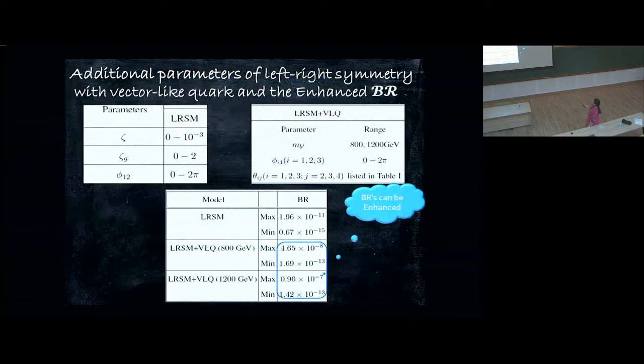These are the additional parameters that I have when I have a vector-like quark and the left-right symmetry. For the left-right symmetry, we have the mixing angle zeta, the ratio of the couplings zeta g, and phi 1, 2, which parameterize my right-handed mixing matrix. Then when I've added a vector-like quark, I have its mass and theta angles, the additional angles 14, 24, 34, etc. But I also have my phi i4, which are for the right-handed mixing matrix.